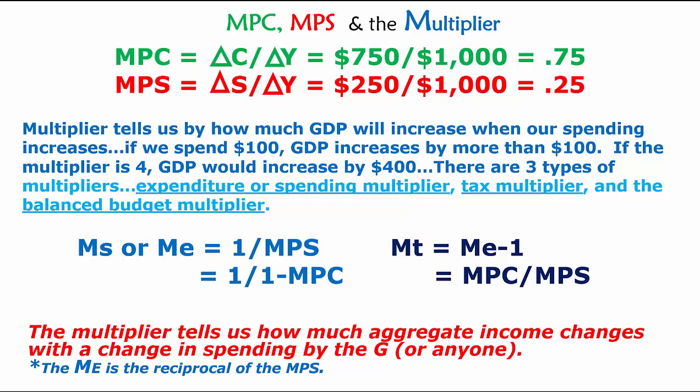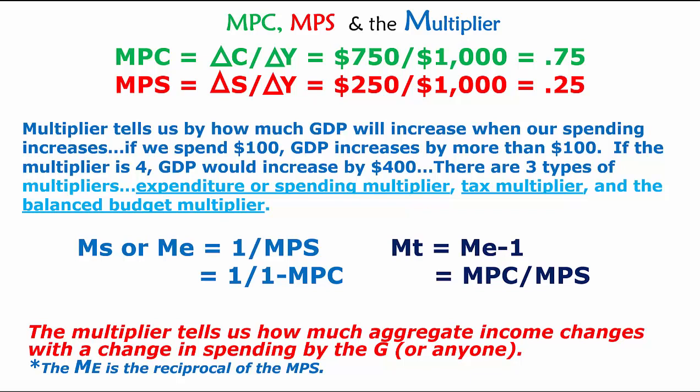So the multiplier, it's called that because it tells us how much GDP will increase when our spending increases. For example, if I spend $100, then GDP will increase by more than 100. However, it depends on the multiplier as to how much. So if the multiplier is 4, and I spend $100, GDP could increase by $400. That's basically what we're talking about.